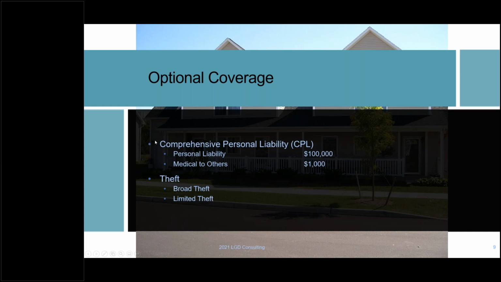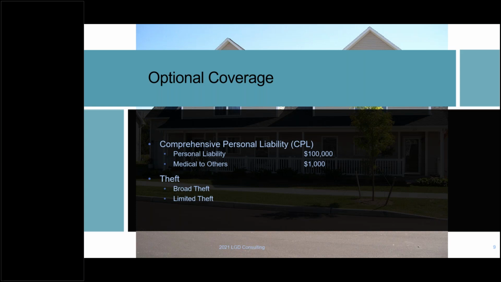But the reason the liability is optional is, let's say you live someplace else and you have a homeowner's policy. Well, Section 2 of your homeowner's policy is liability. And that liability covers you and your family members anywhere in the world.